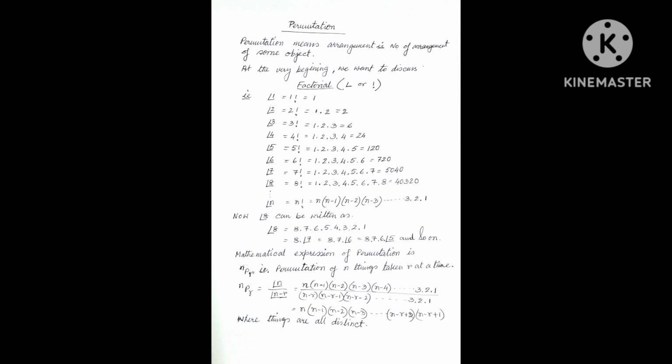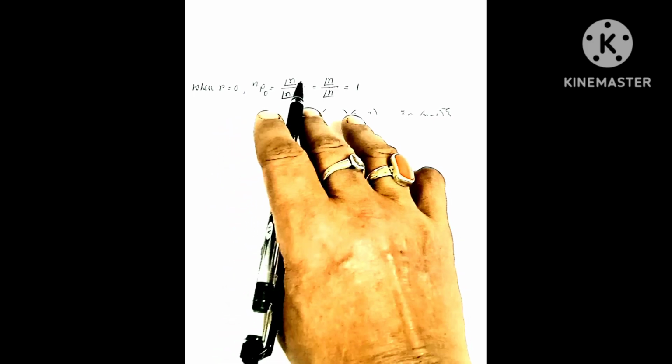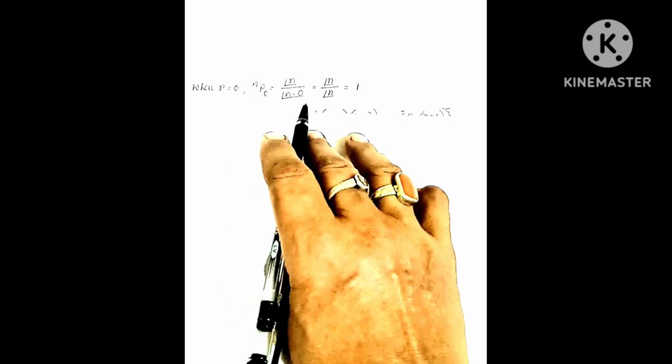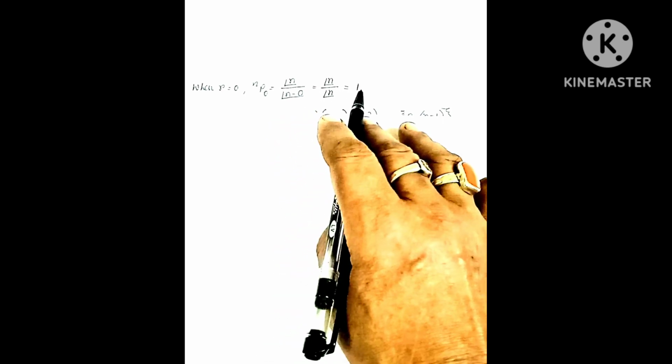Now, factorial n is equal to n into n minus 1, n minus 2 up to 3 into 2 into 1. Now, when r is equal to 0, nP0 is equal to factorial n by factorial n minus 0 is equal to factorial n by factorial n equal to 1.